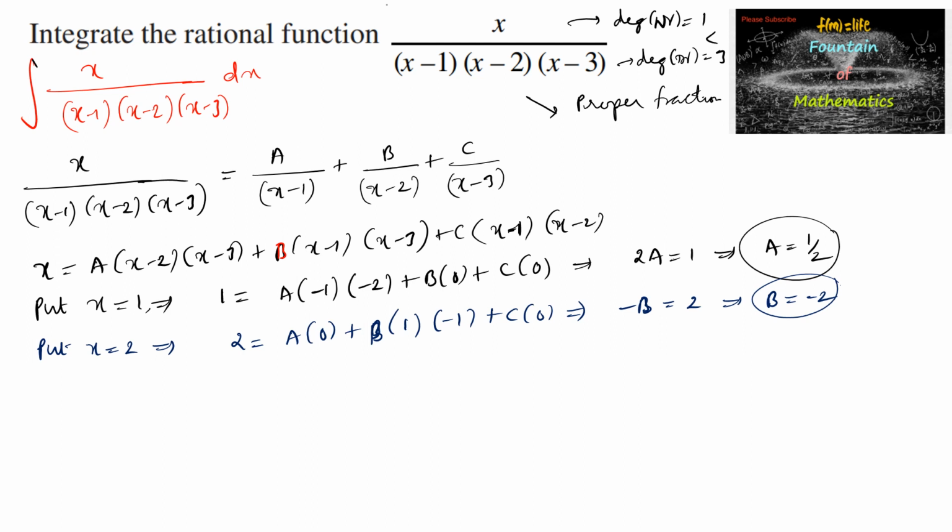And then put x is equal to 3, so that we have 3 is equal to a times of 0 plus b times of 3 minus 3, 0 plus c times of 3 minus 1 is 2 and 3 minus 2 is 1, so that 2c is equal to 3. So c is equal to 3 upon 2.